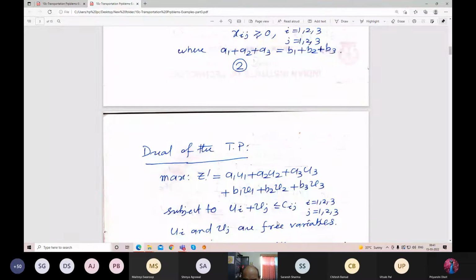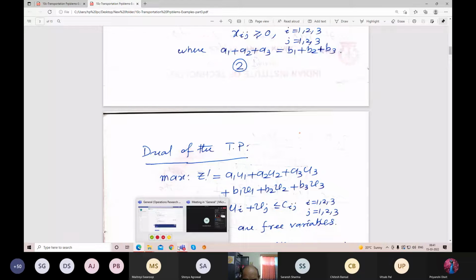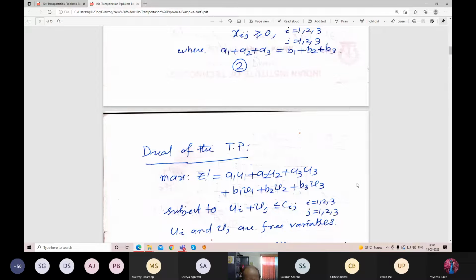Altogether, you can see there are 9 such constraints, and we have 6 dual variables. Dual variables are u1, u2, u3, v1, v2, v3.